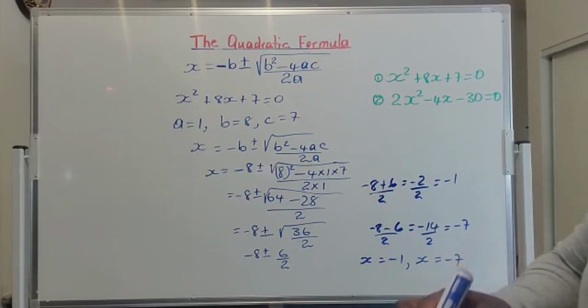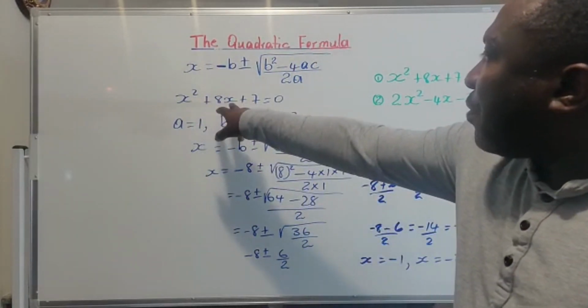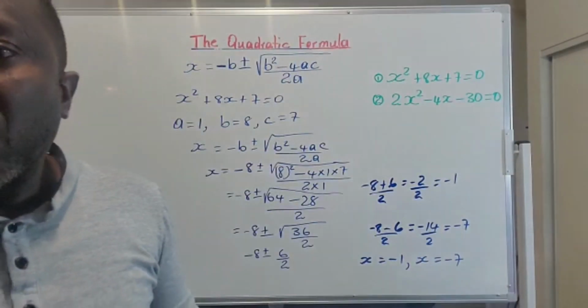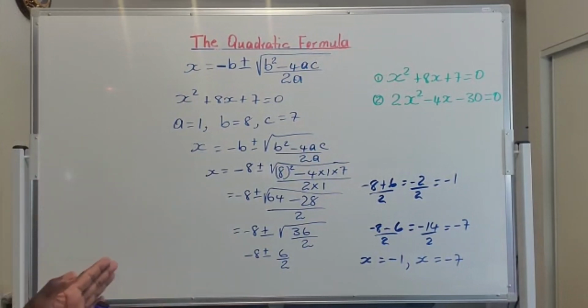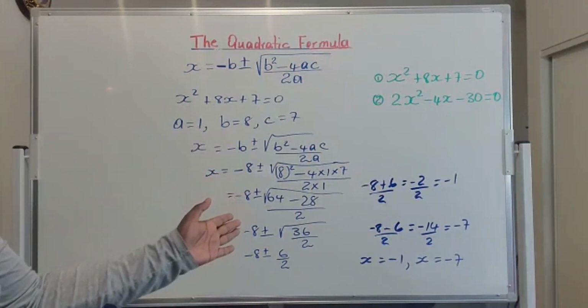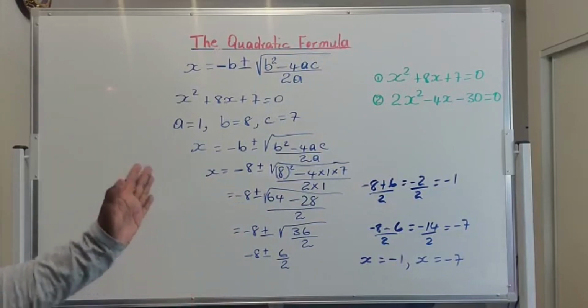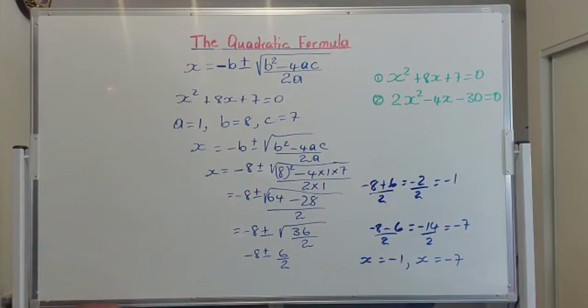So that is solving x squared plus 8x plus 7 is equal to 0 using the quadratic formula. Again, you can always pause the video, take your own time at your own pace and review this problem as stated here.